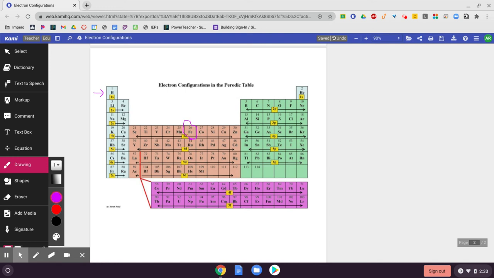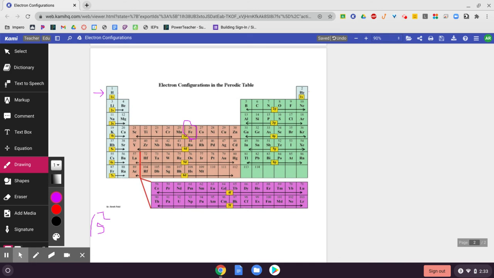So I'm going to go completely through row 1, which means the first part of my electron configuration is going to be 1s2, because I go through 2 total elements in row 1.